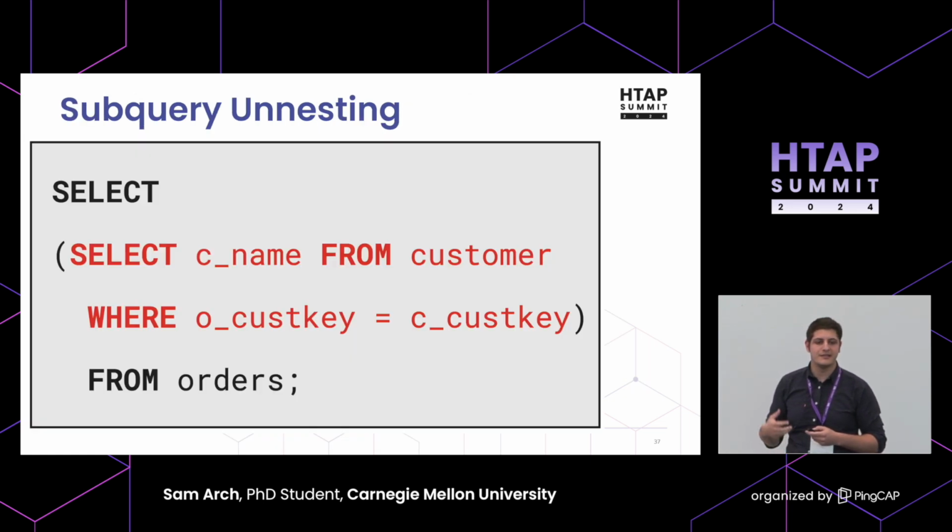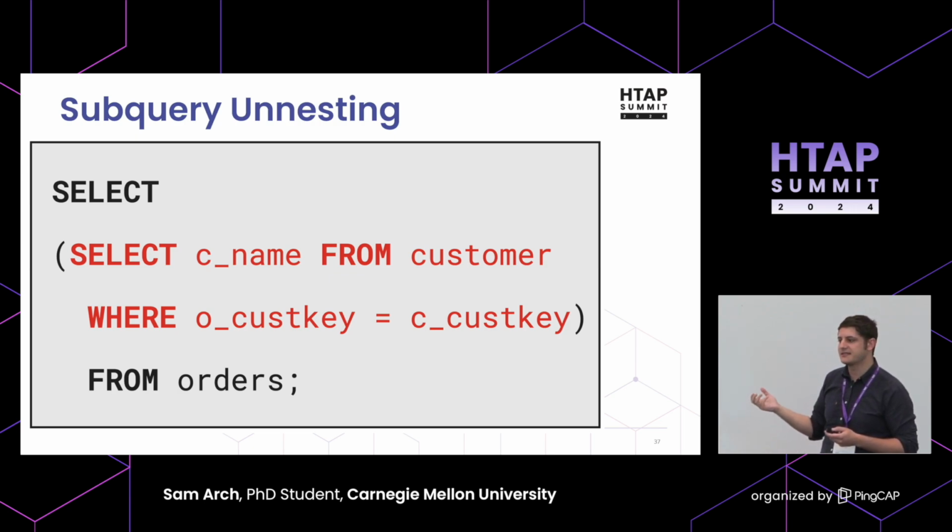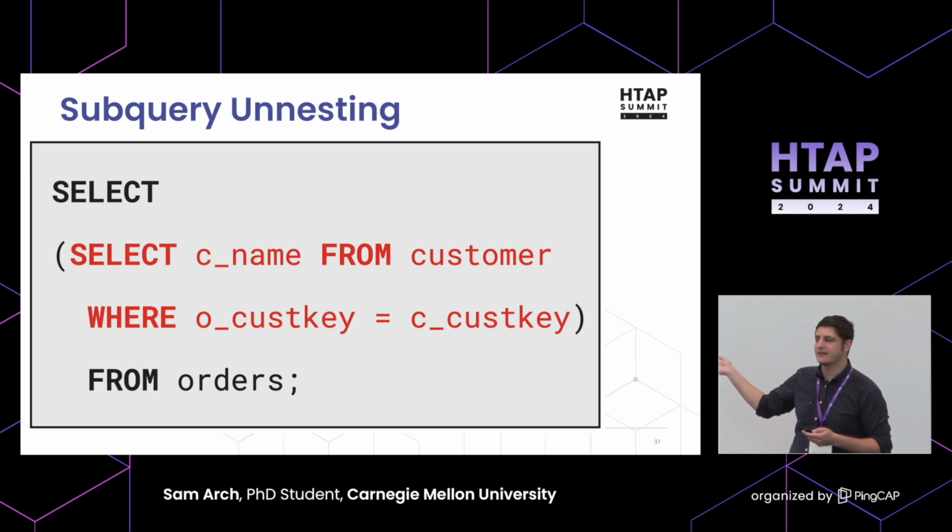So the reason why the database system can't actually optimize this comes down to a key optimization called subquery unnesting, which is really just how the database system removes subqueries. So imagine we have a simple subquery like this, where we're selecting some subquery for every row from this orders table. Well, the subquery is just getting the customer who made the specific order.